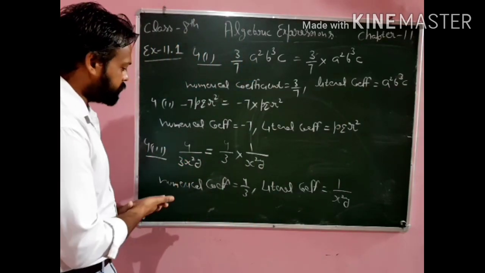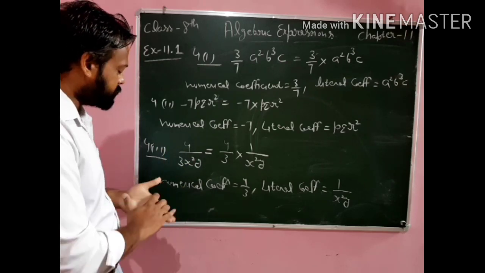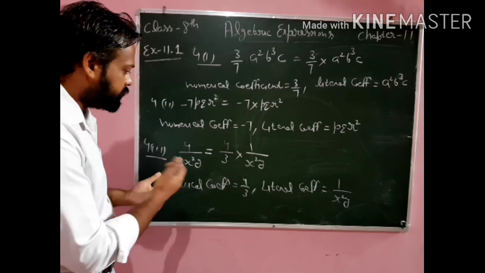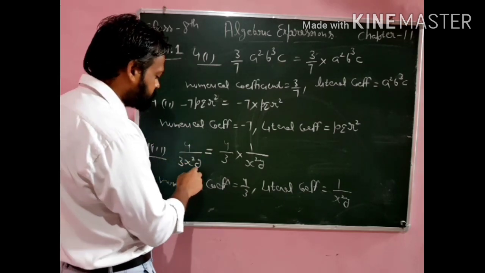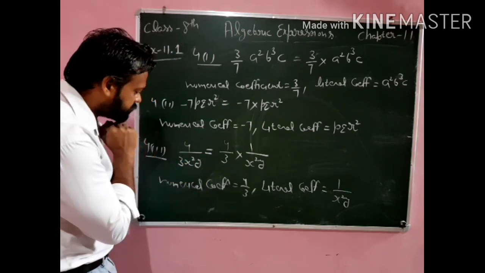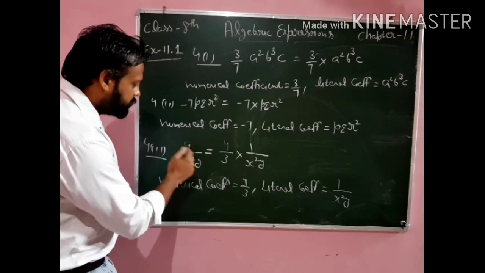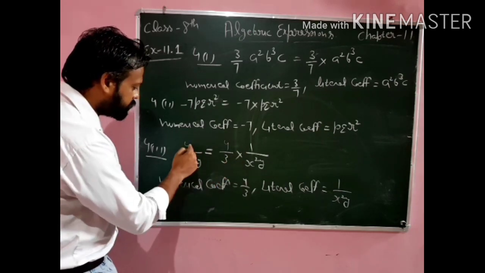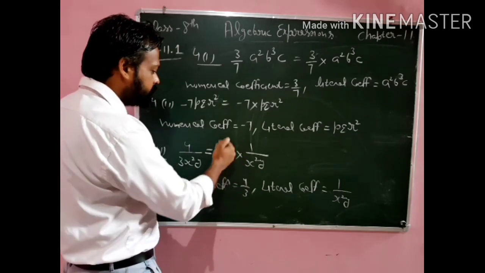Okay, now see the third part. It is important, because after making a little calculation we have to find what the variables and what the constant terms are here. So this is 4 over 3 x square y. How can we separate this? We can write 4 by 3 separately, because 4 over 3 is a numerical value.